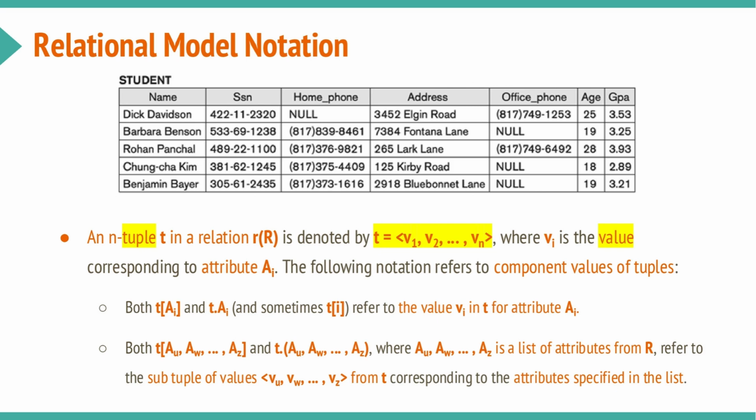For example, T, age, would give us the value of 19 from Barbara's row. We can also get multiple values at once. If we write T, name, age, we would get Barbara Benson and 19. This is just the formal mathematical way to write it. It's a precise way to say, for this row, give me the data from this column.